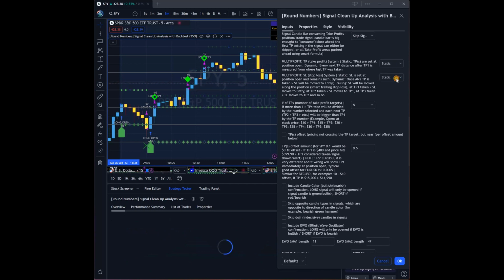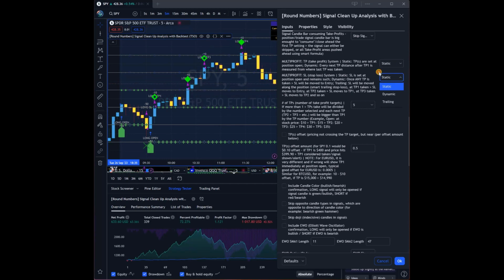Now for stop loss, there are 3 settings. These are now separate by themselves, something I fixed because it was very confusing. So now take profit is by itself and stop loss is by itself. Stop loss can be static, which is set at position open and always remains there.